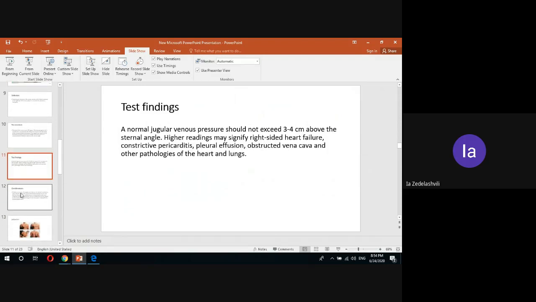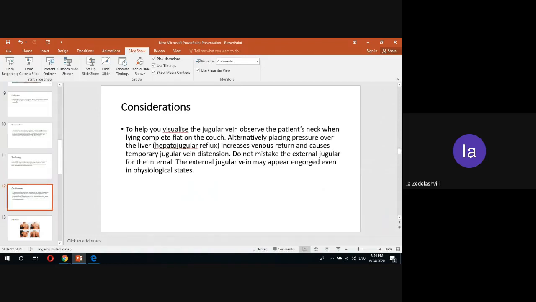And the last, what is here, consideration to help you visualize the jugular vein. Observe the patient's neck when lying completely flat on the couch. Alternatively, place pressure over the liver, hepatojugular reflux.